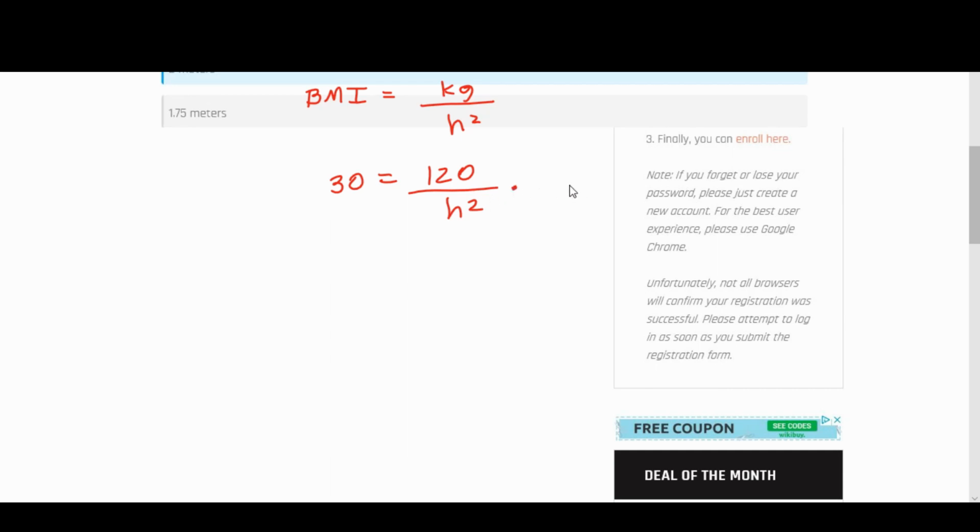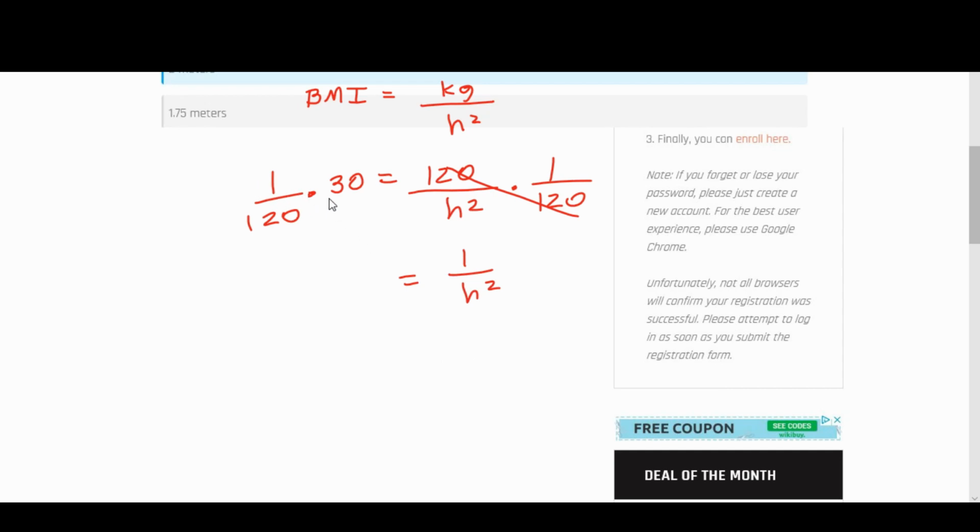And the first thing I'm going to do to get h squared by itself is multiply this side of the equation by 1 over 120. What I do to this side of the equation, I also have to do to this side of the equation. This crosses out and leaves you with 1 over h squared.